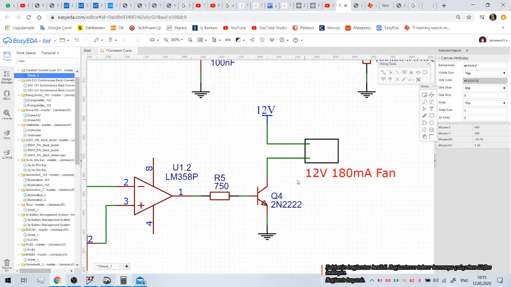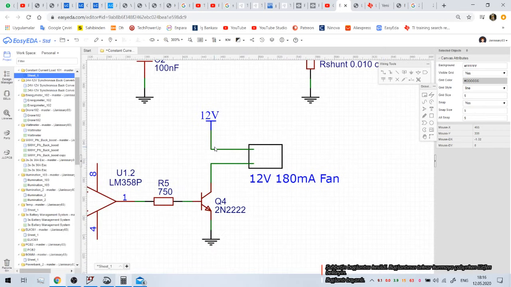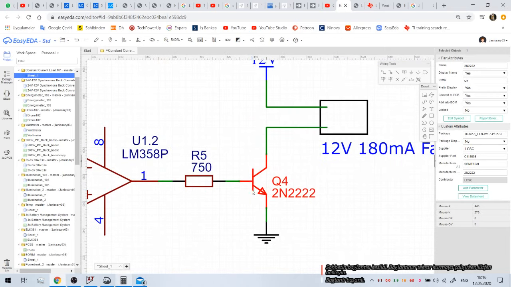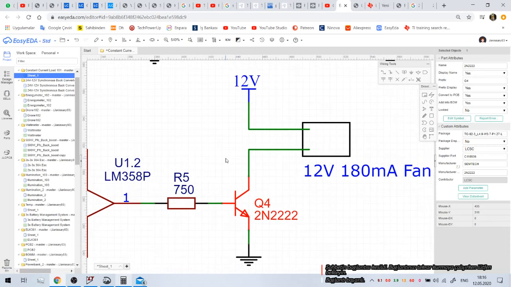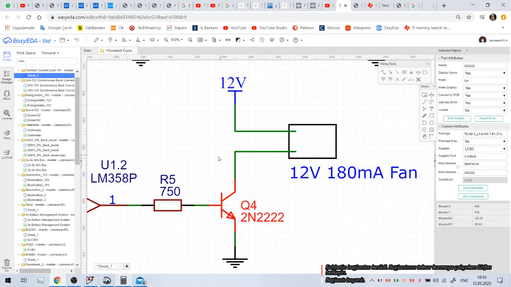I can change this, and after this I will select voltage. Maybe I will also change, and also examine this 2N222 transistor, and I think we can do much more precise calculations after that.